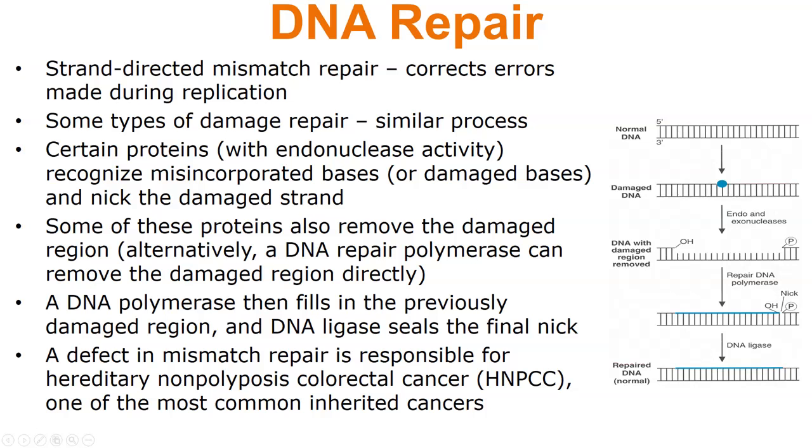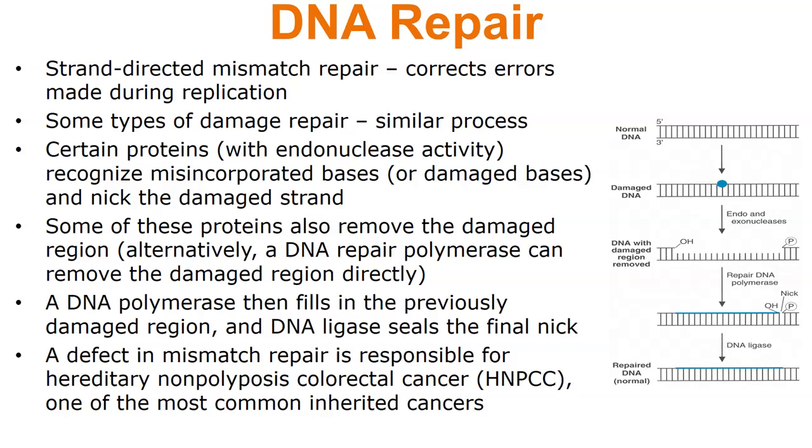Now, a defect in that type of mismatch repair is responsible for hereditary non-polyposis colorectal cancer, HNPCC. I want you to write this down because I didn't write it here. It's in your objectives, written somewhere on the PowerPoint. This is also called Lynch syndrome, L-Y-N-C-H.